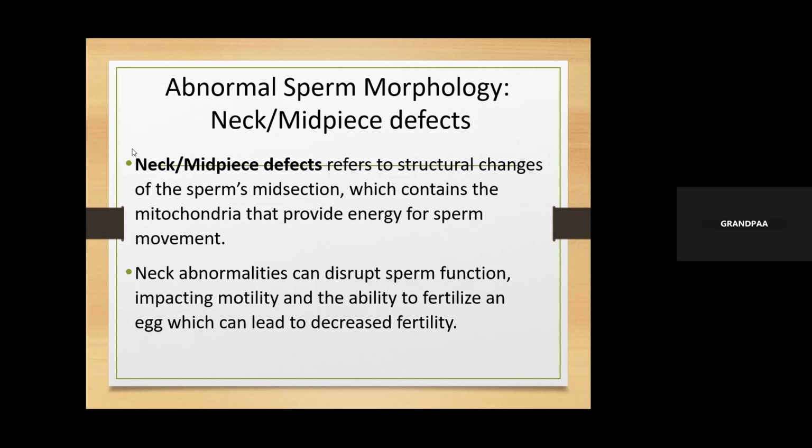And we said that because of the complexity of the formation process, we are likely to have a lot of abnormalities. And those abnormalities would definitely impede the functionality of the sperm.